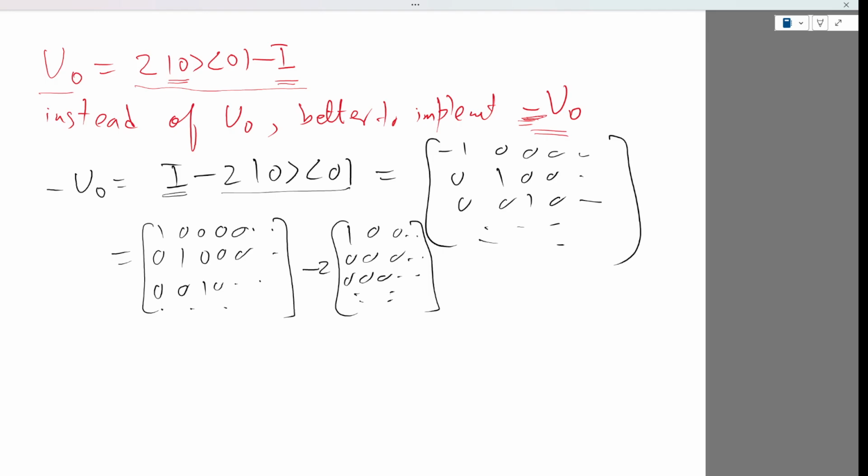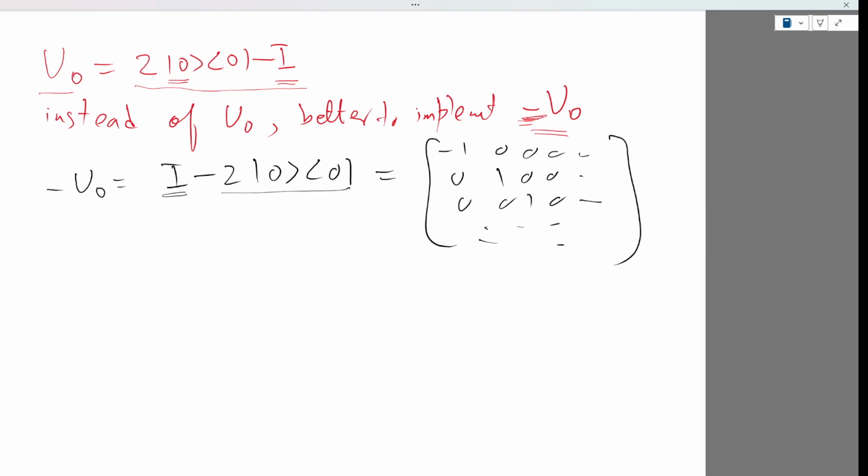All right, so let's implement the minus U naught gate, and it's similar to UF, but now we have fixed the state that we are going to mark with 0. So for 3 qubits, this 0 state is the state that we have to give a minus sign to. This can be implemented using Z gates like this.